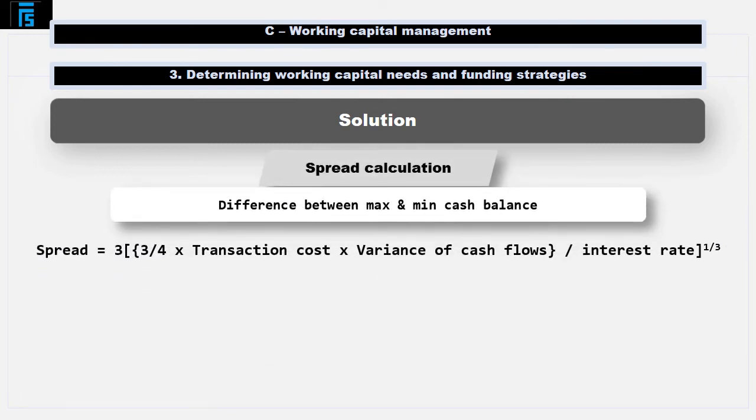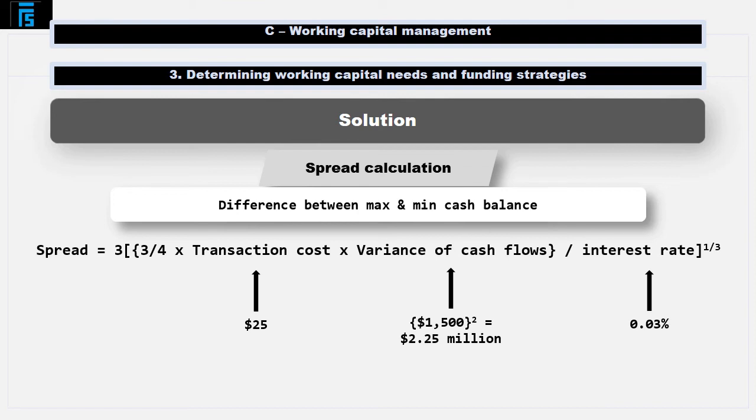The spread equals, and then we've got the formula. So the transaction cost is $25. Variance is the standard deviation squared. The standard deviation is $1,500. It is squared, and that's $2.25 million. The interest rate is 0.03%. So let's apply the formula.